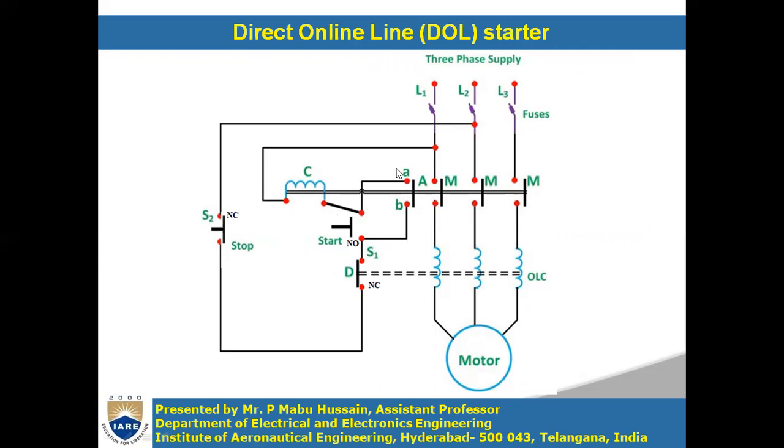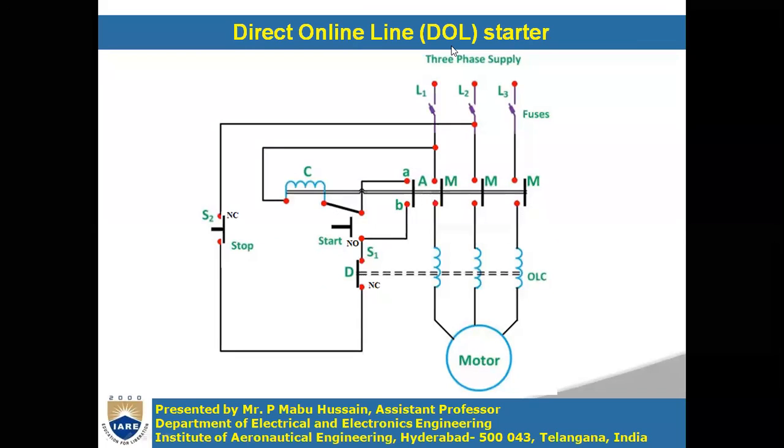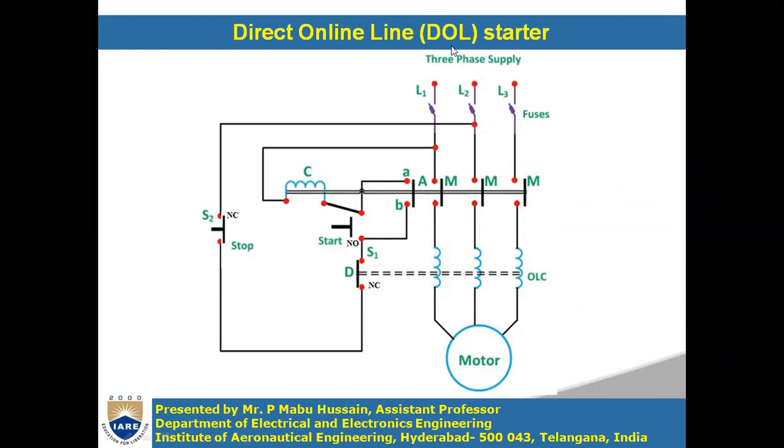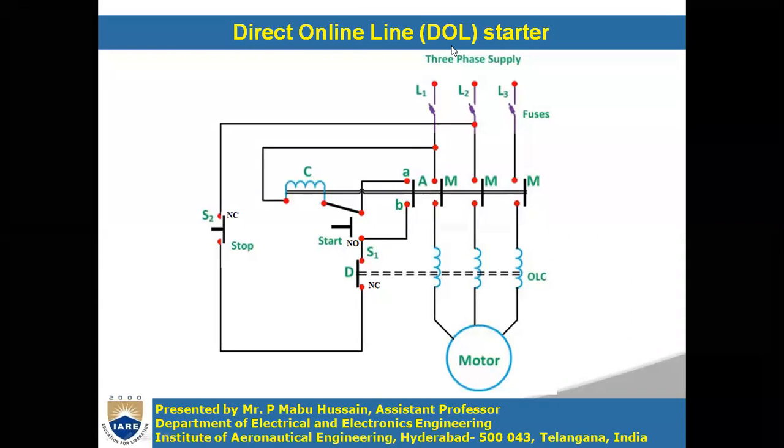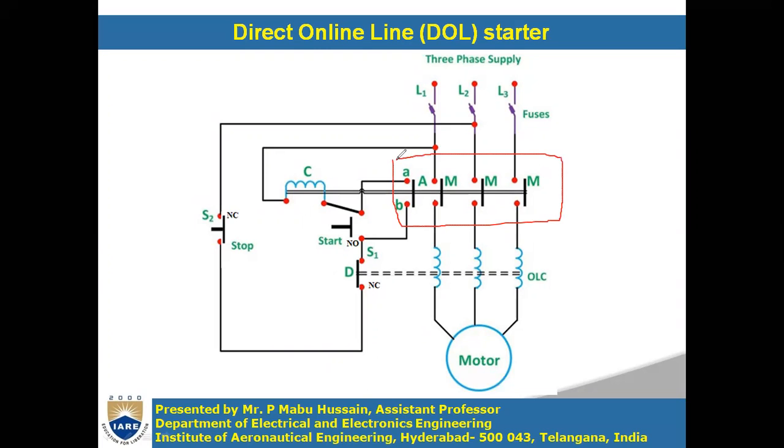Now these are the contactor terminals. If you see here, this is the three-phase four-pole contactor. The four poles are these: 1, 2, 3, and 4.